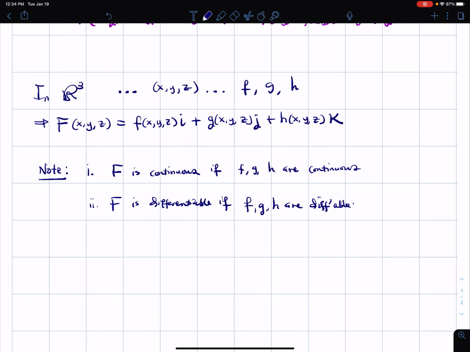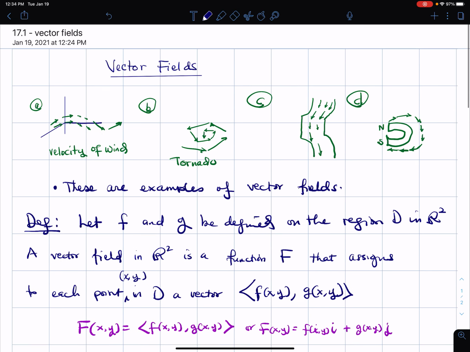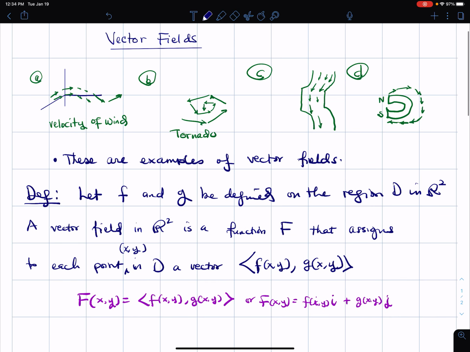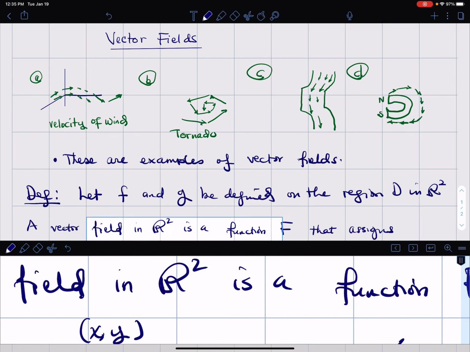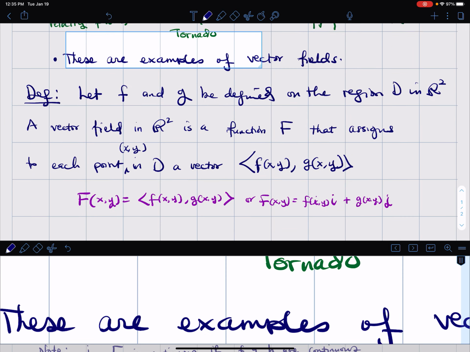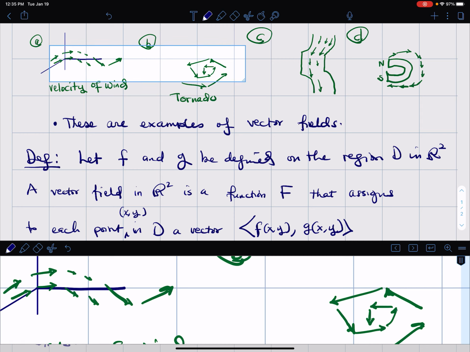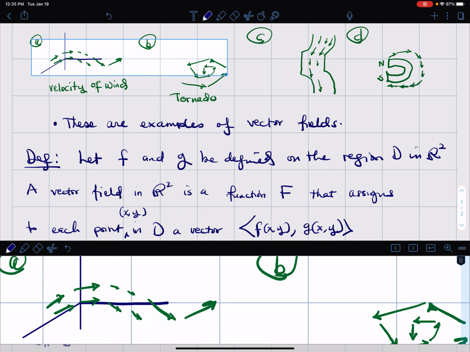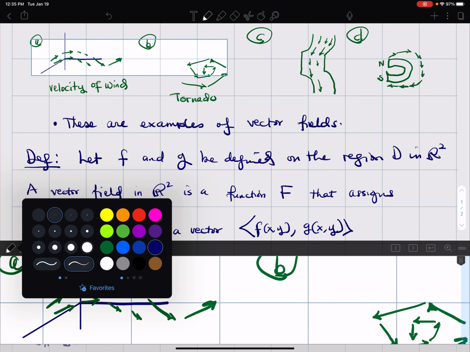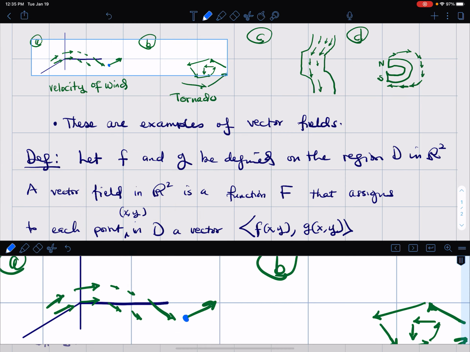All right, so let's talk about this. If you have a function that is able to give you vectors depending on where you are, for the wind velocity, if your point is here, then it gives you this long vector.